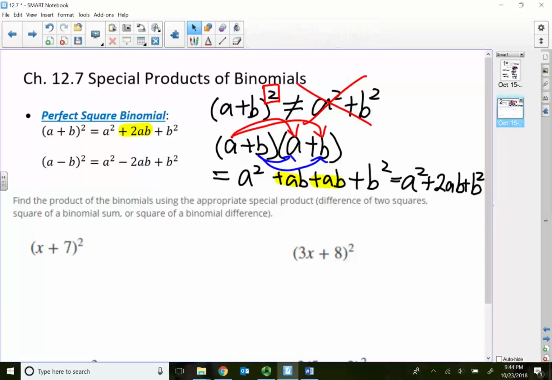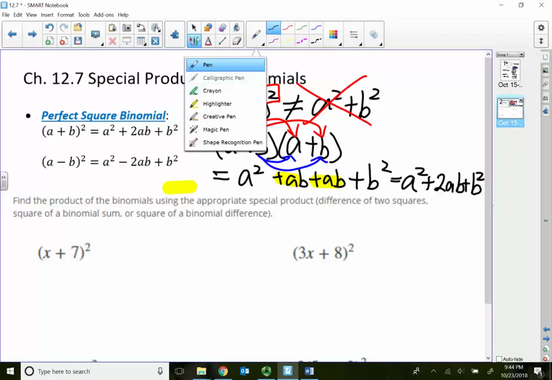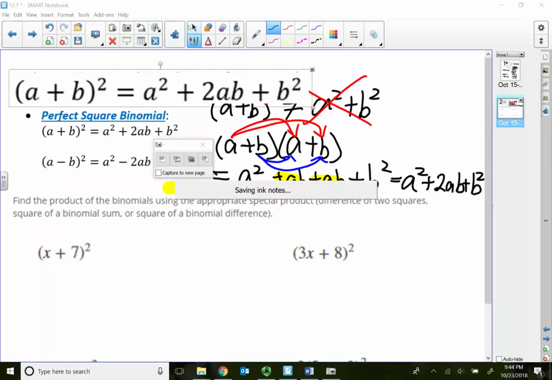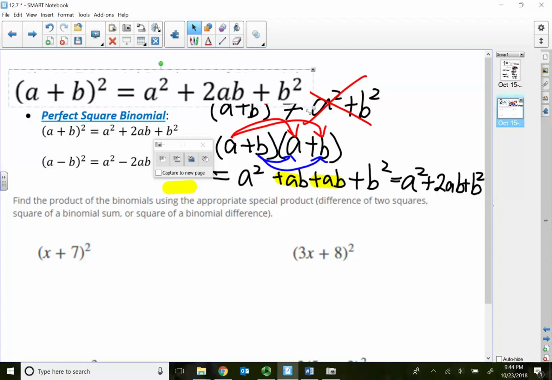Okay, so let's take a look. I'm going to help you memorize what the formula says. We do need to memorize some of these formulas for the special products, because that will allow us to recognize them whenever we see them.